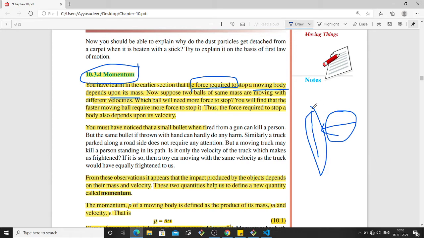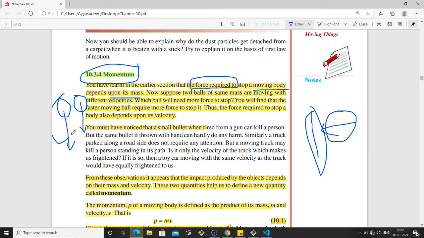Now let's say there are two balls of the same mass, no difference in their mass. They are moving with different velocities. One is moving with this velocity, another one with a higher velocity. Which ball needs more force to stop?